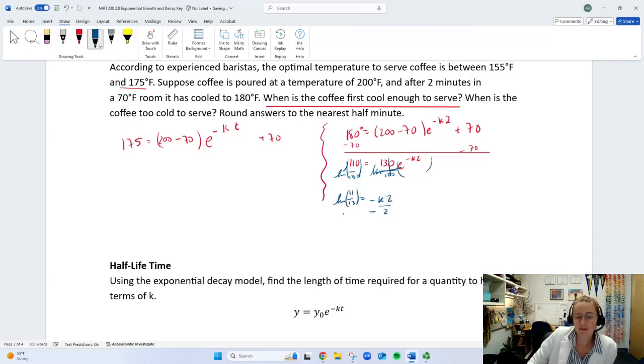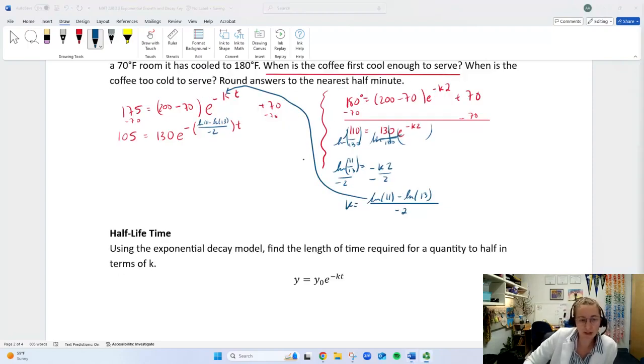And I can solve for that k value by dividing by negative 2. So k is equal to ln of 11 over 13, which I could write as ln of 11 divided by ln of 13 if I didn't want to have a fraction right there, and then that is over negative 2. So that is my k value that is going to go right up here.